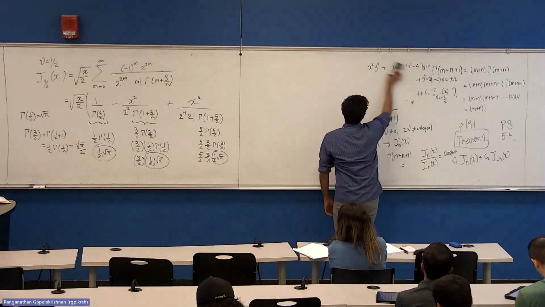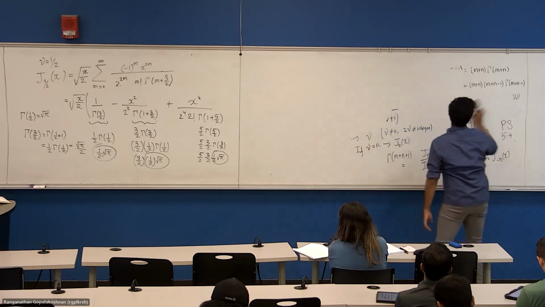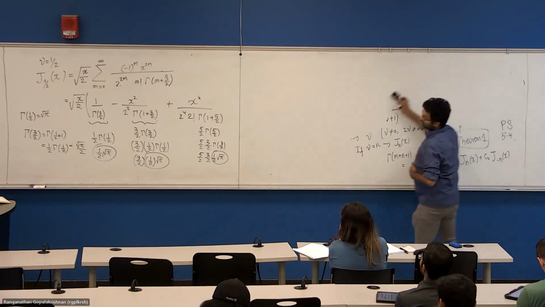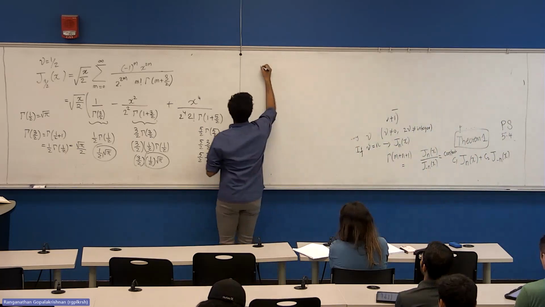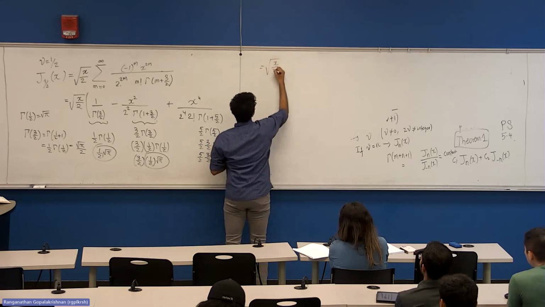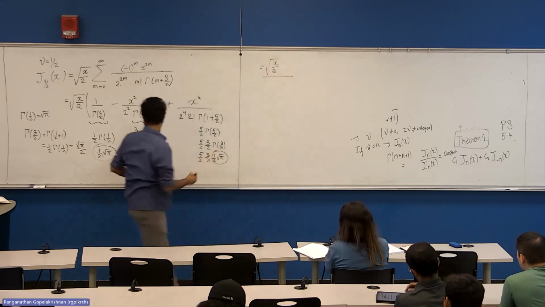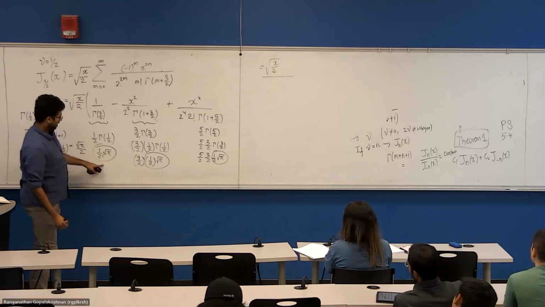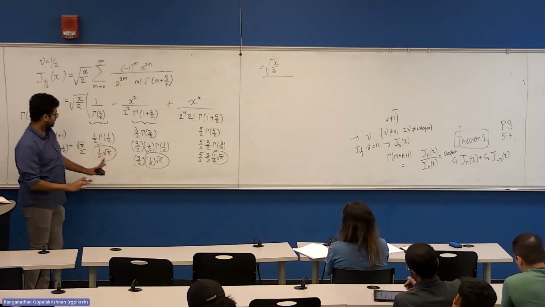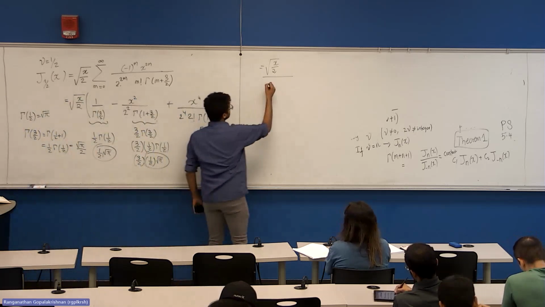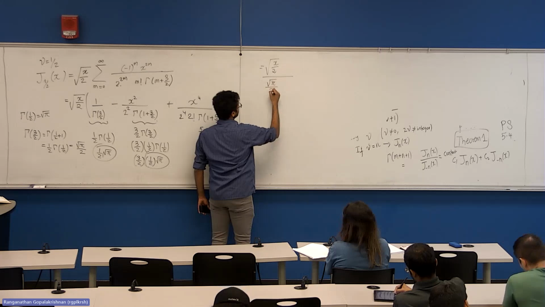What do you do next? So you can write square root of x over 2 divided by, this term is common, and then you're also going to, let's say this term is common. So you're going to get square root of pi over 2.